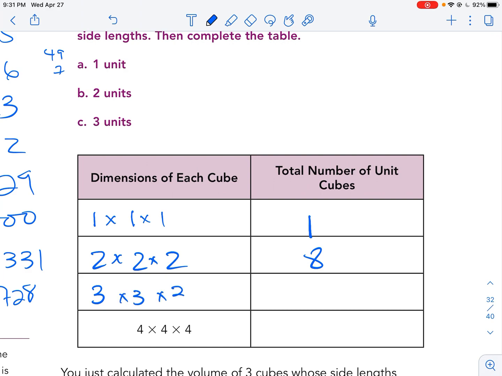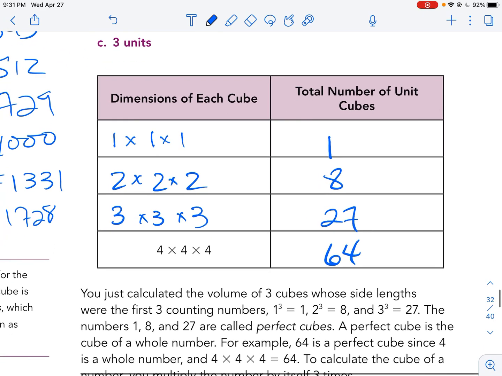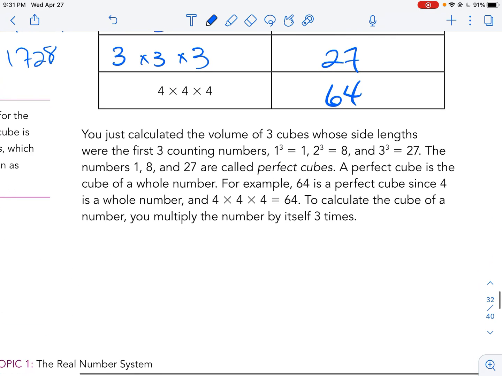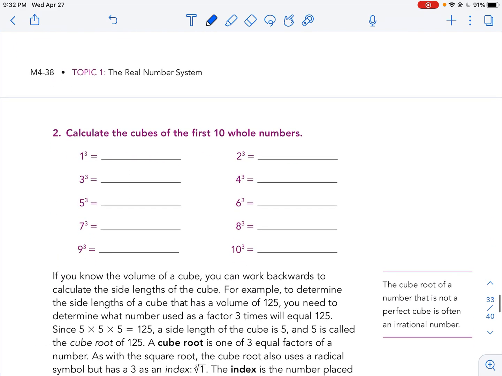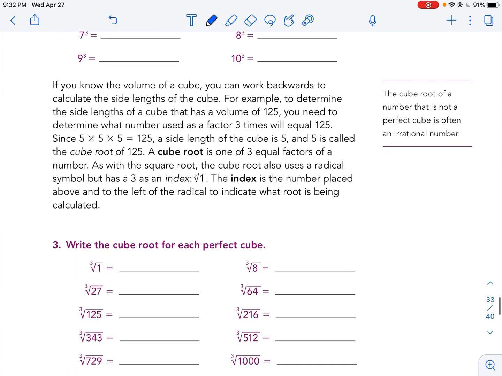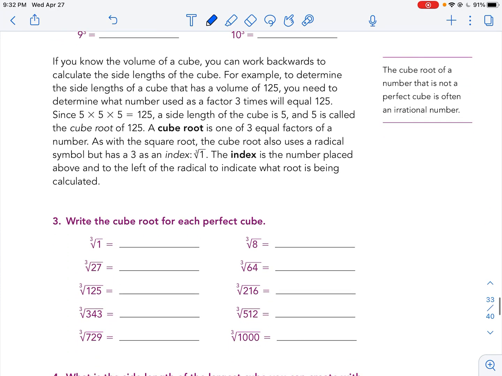If I had 3 times 3 times 3, I would have 27. And then I would have 64. Okay? You just calculated the volume of 3 cubes, where the first 3 counting numbers. Okay? We've already done that. Awesome.